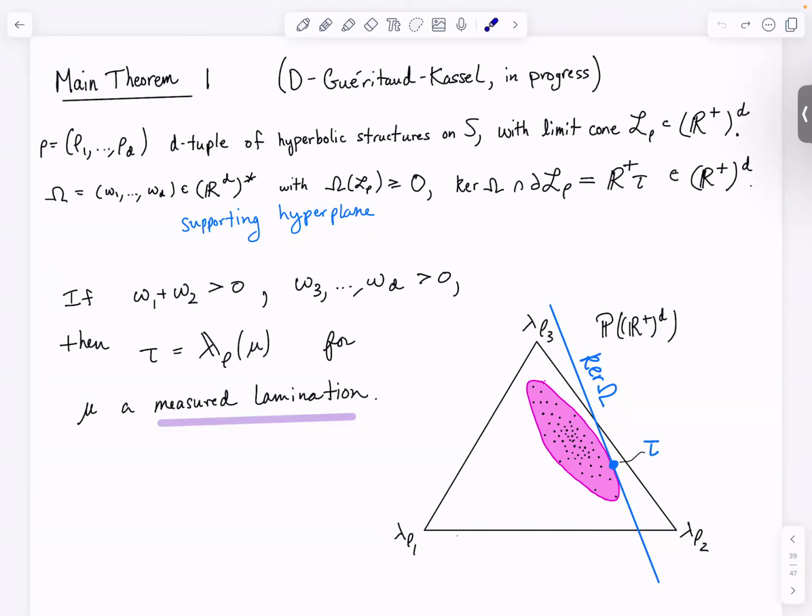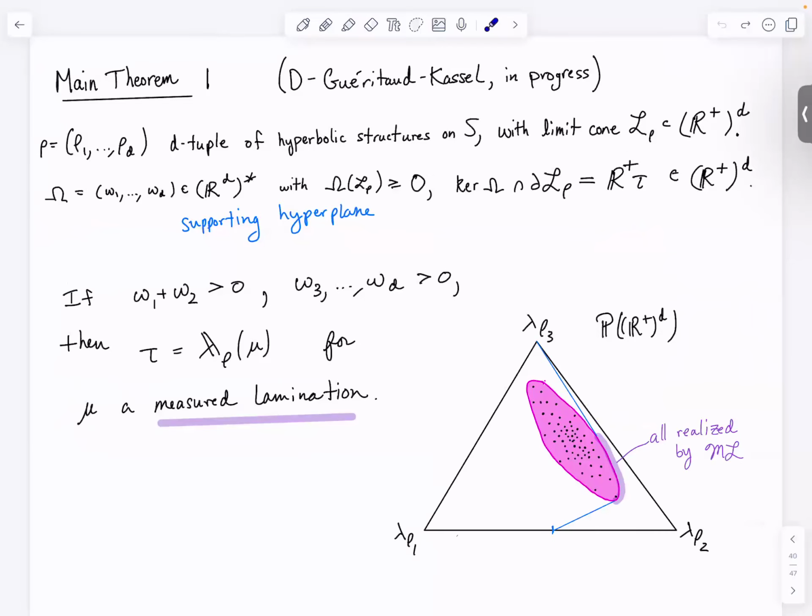It is the vector valued length of some geodesic current mu. That's true in general, but that mu happens to be a measured lamination. Okay, so on the boundary of this cone, we are seeing some of the extreme points realized by measured laminations.